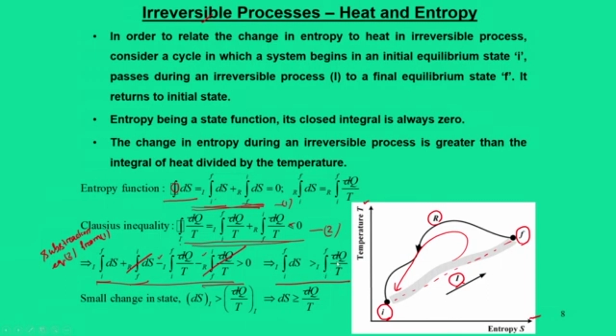To prove it in another way, we can actually prove it by calculating, assuming thermodynamics, for which the end entropy is always greater than the initial. This has to be true. So, for that reason, consider an initial state I and a final state F, connected by an irreversible process.